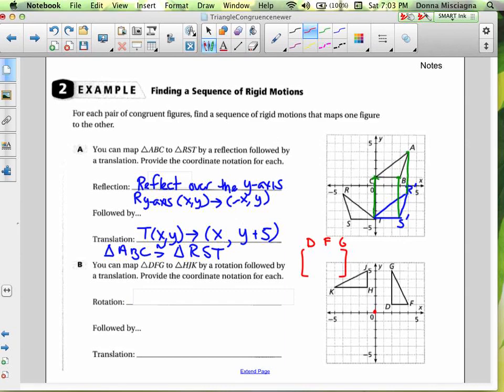And D is at 2, 1. F is at 4, 1. And G is at 2, 5.